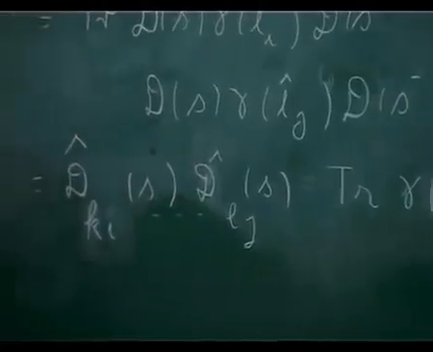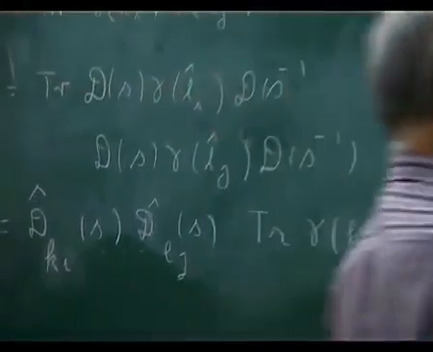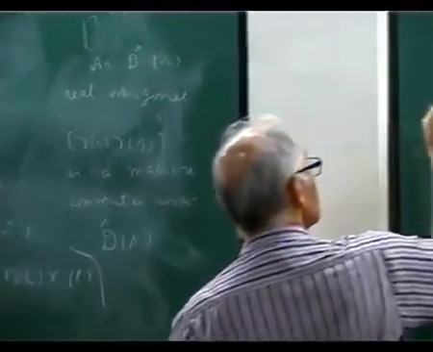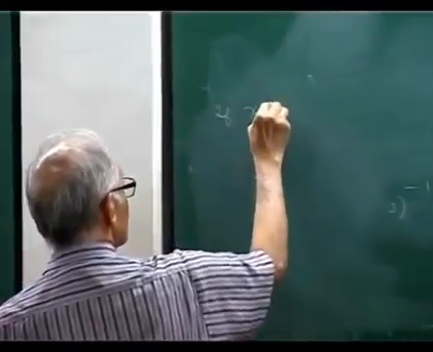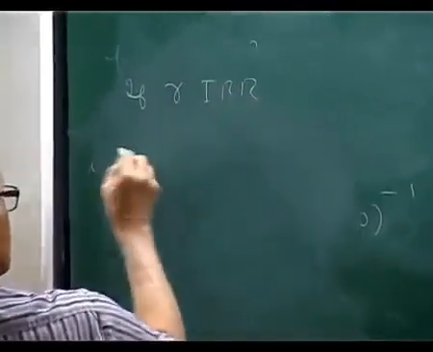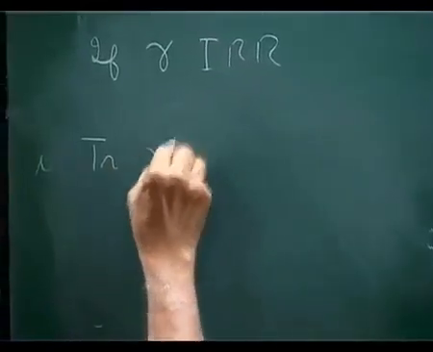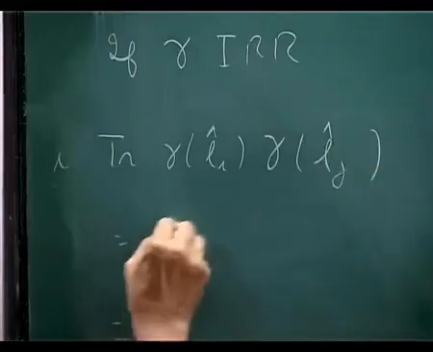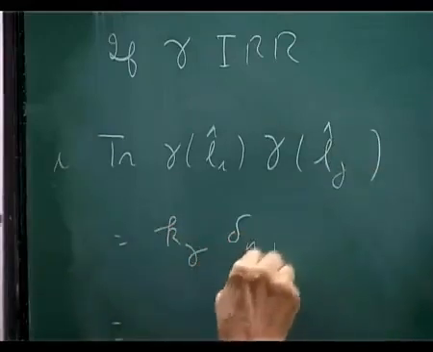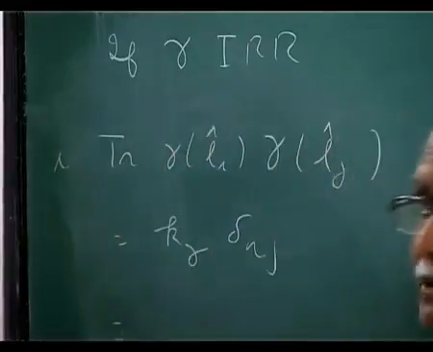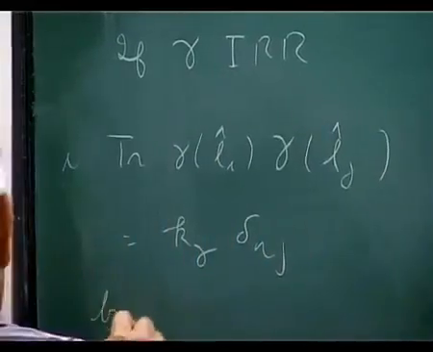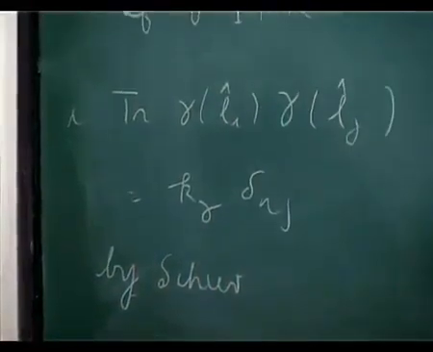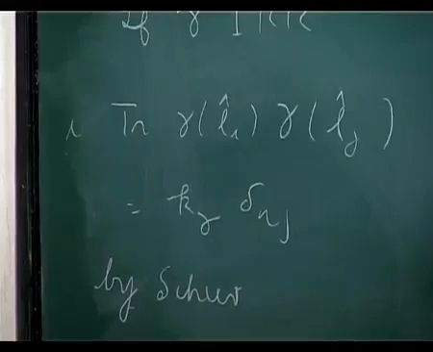If gamma is irreducible, it says the trace of gamma of L hat i gamma of L hat j is k of gamma delta ij, by Schur.